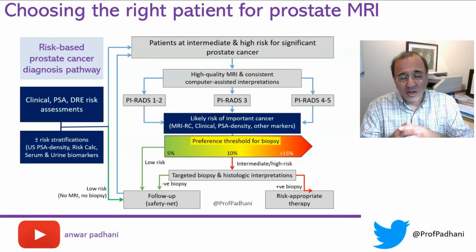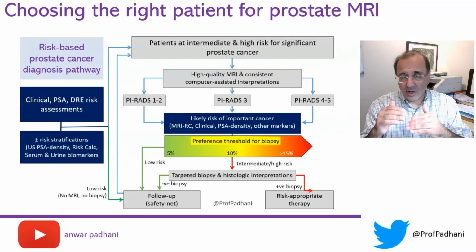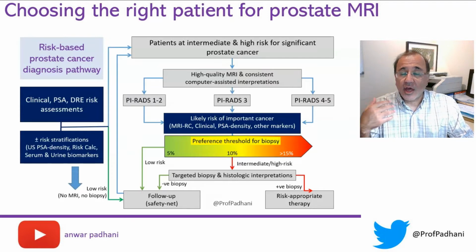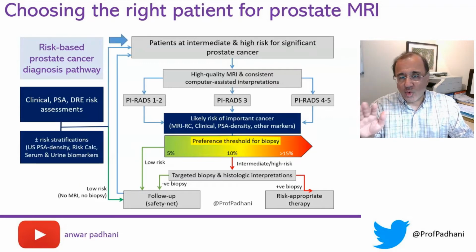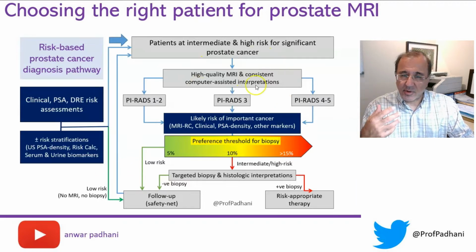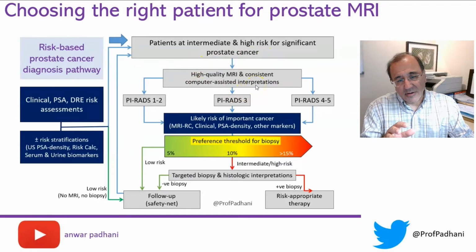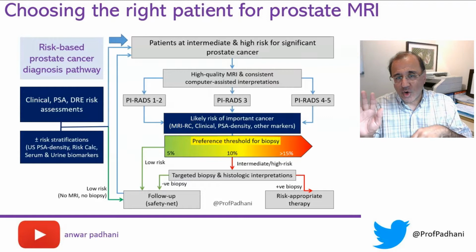But in the end, what they try to do is to separate men at low risk who can undergo a follow-up, no MRI, no biopsy, and people with intermediate and high risk who can undergo a high-quality MRI scan, and after the MRI scan reading is done, then to have another risk assessment that takes into account the MRI information before deciding whether patients are at low risk or intermediate or high risk before a biopsy.